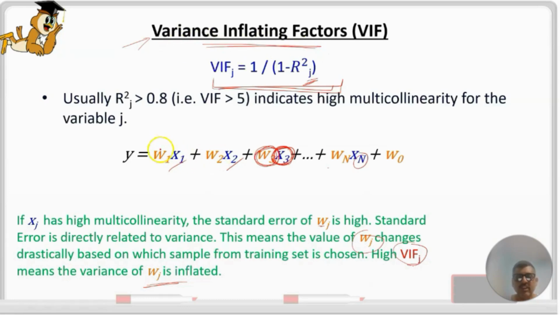You measure the VIF of each of these terms, and if any of the VIFs is higher than 5, that particular independent variable has a high multicollinearity in terms of the other independent variables.